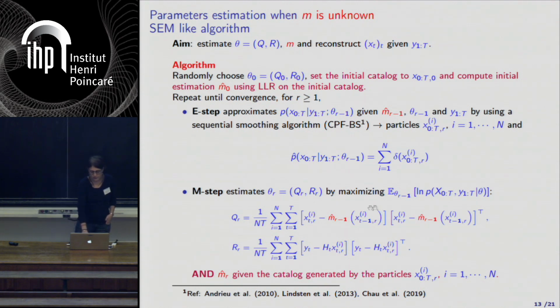Once we have the states, we can estimate Q and R. And then we have to re-estimate M with the new catalog. And the new catalog, in fact, is the last version of the smoothing trajectory.